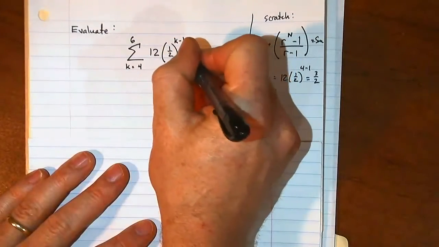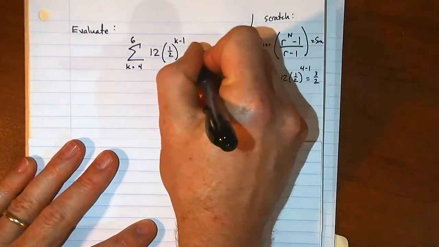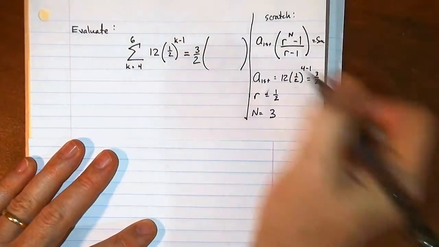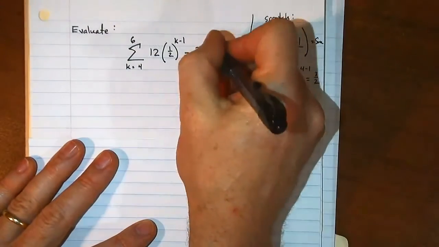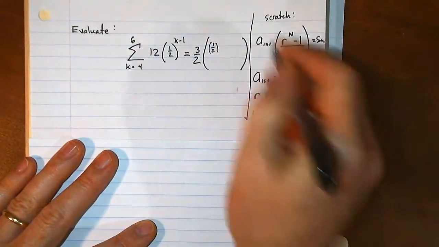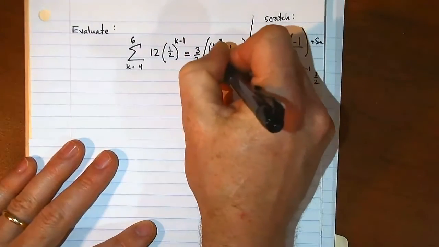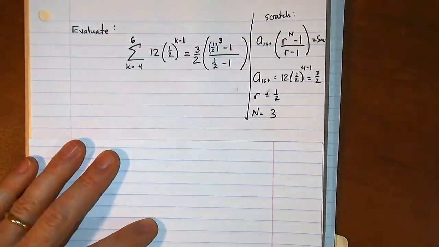So this sum is going to be equal to our first term, 3/2, times the common ratio, 1/2, raised to the number of terms power, 3, minus 1 over 1/2 minus 1.